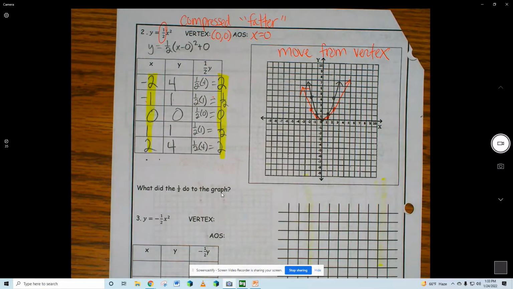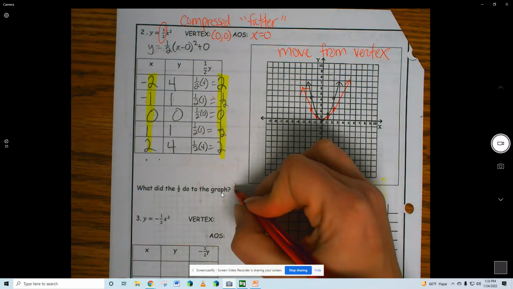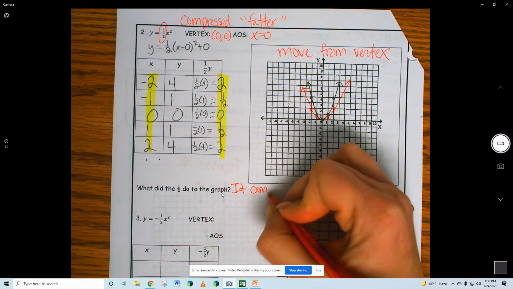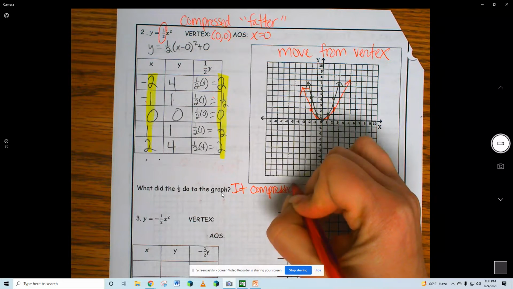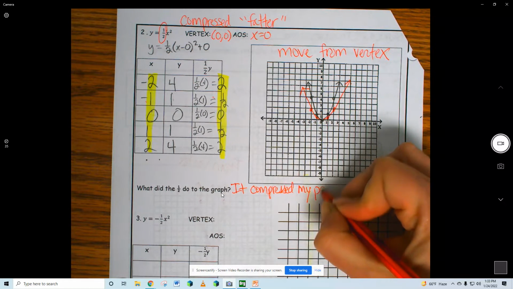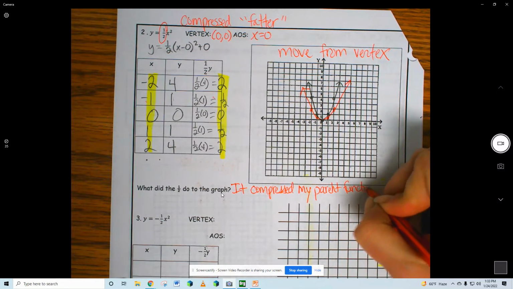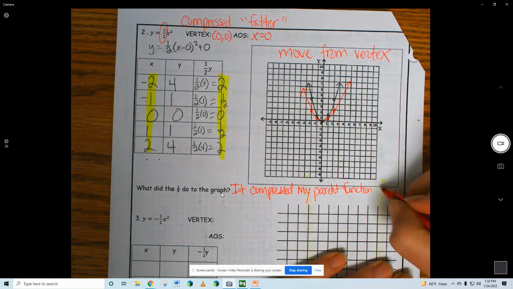Okay. What did the 1/2 do to the graph? Everybody tell me. Compressed my parent function. So fatter.